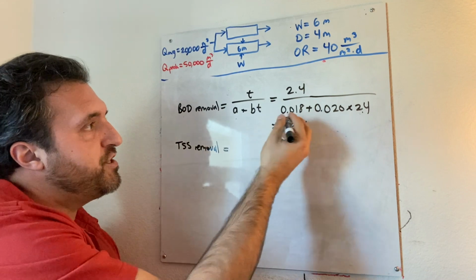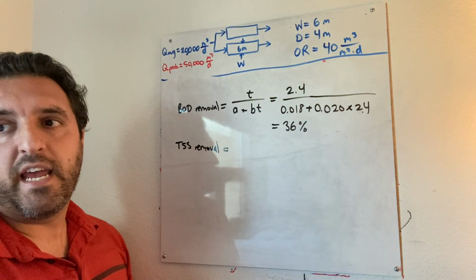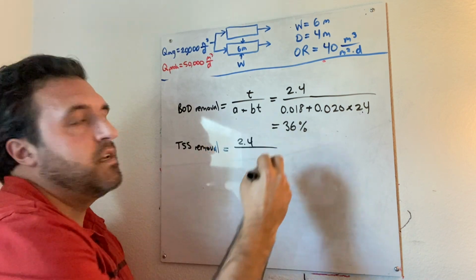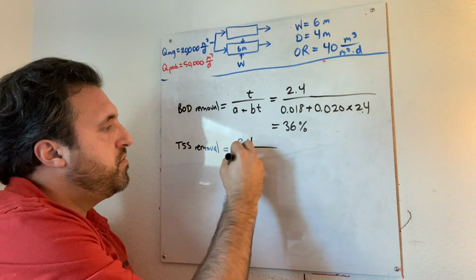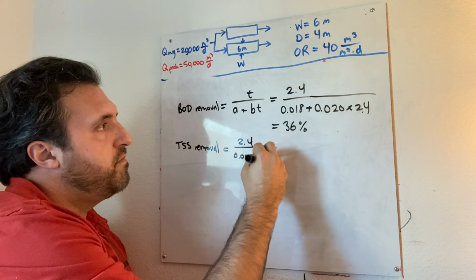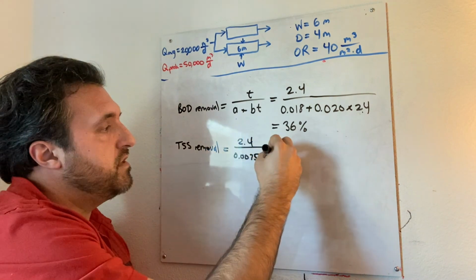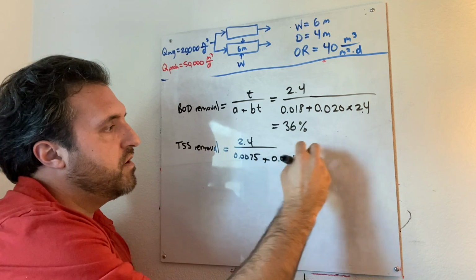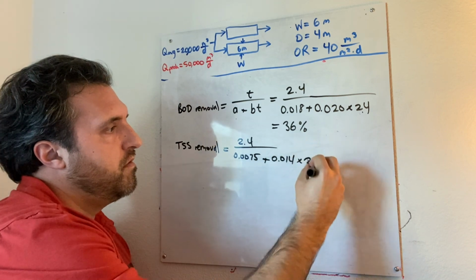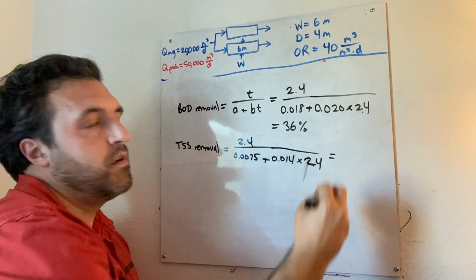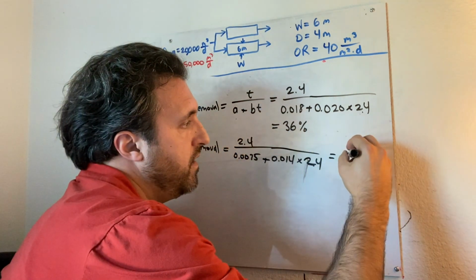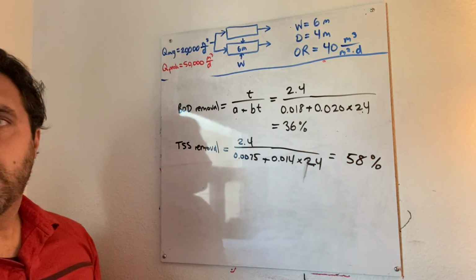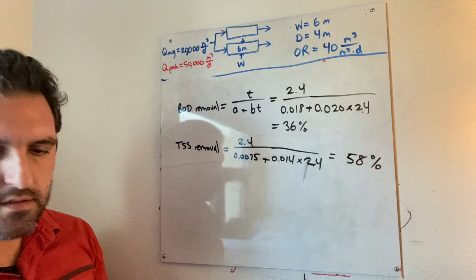For BOD, we've got the same equation but different coefficients for A and B. So here we've got 2.4 divided by 0.0075 plus 0.014 times 2.4, which gives us an estimate of 58%. All right, so that would be under average flow conditions.